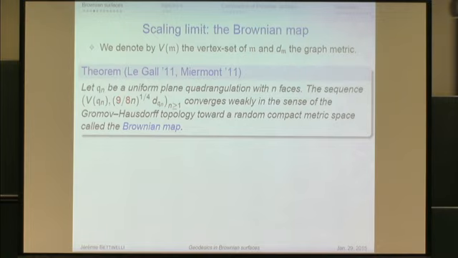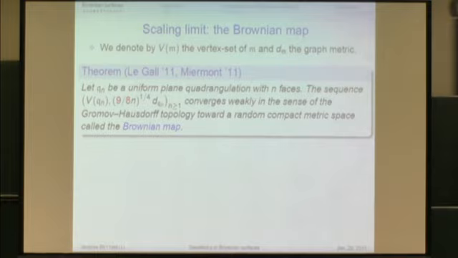And you see them as finite metric spaces by endowing the vertex set, that I will call V, of the map with the graph metric. The distance between two vertices is just the smallest number of edges you have to cross to go from one vertex to the other.